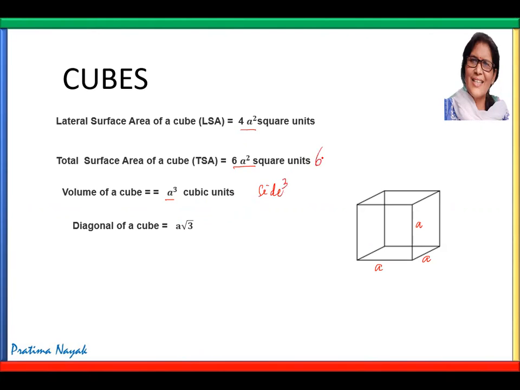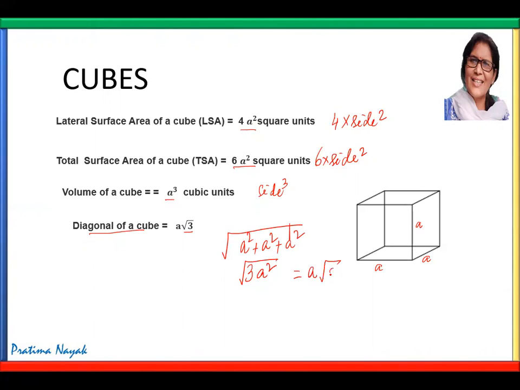Total surface area is 6 into side square, and lateral surface area is 4 into side square. Here also for diagonal we use A root 3. That means the square root of a square plus a square plus a square. If we take the square root, it will be 3a square, square root is a, and square root of 3 is root 3.